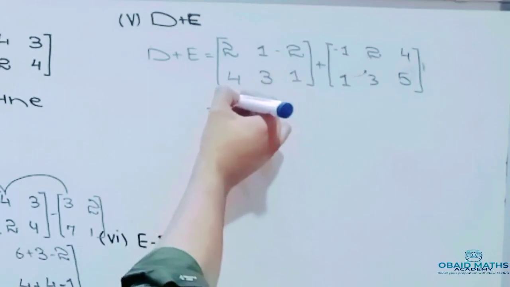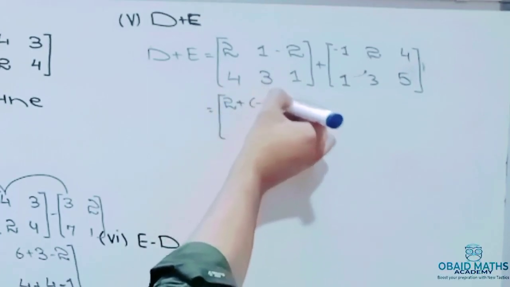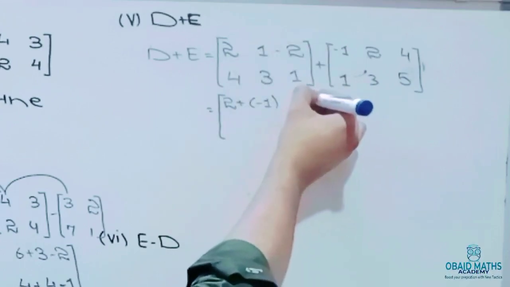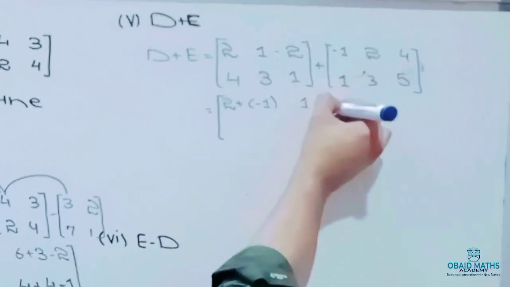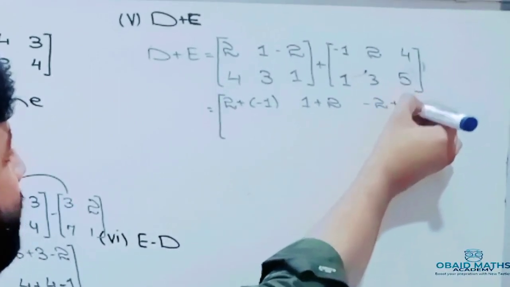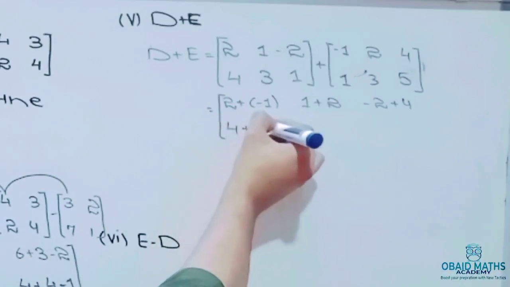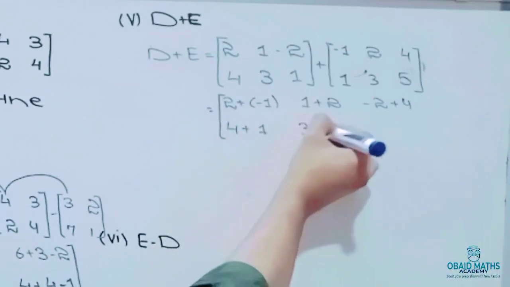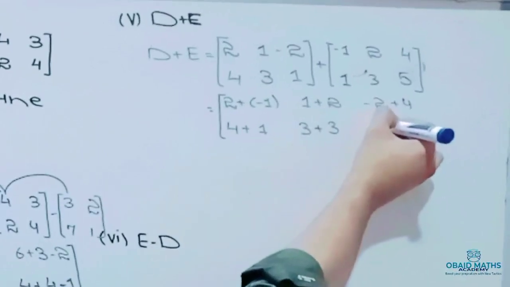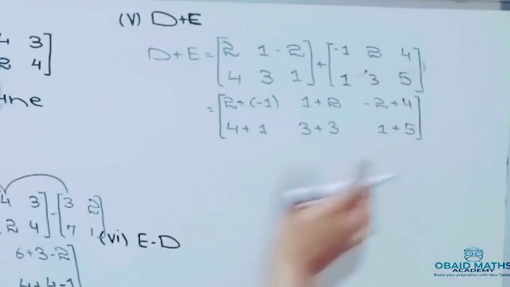So 2 plus minus 1, and the next 1 plus 2, next minus 2 plus 4. Moving toward the second row, 4 plus 1, next 3 plus 3, and the last one 1 plus 5, and matrix close.